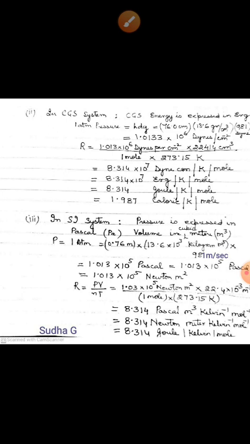On solving this, we get 8.314 Pascal cubic meter per Kelvin per mole. Pascal cubic meter is equal to newton meter. Therefore, this is equal to 8.314 newton meter per Kelvin per mole. This is equal to 8.314 joules per Kelvin per mole.